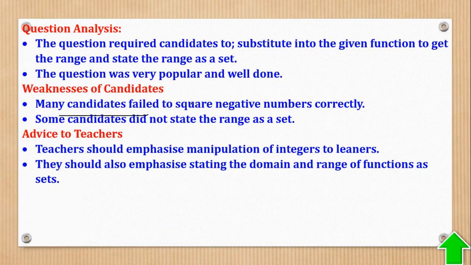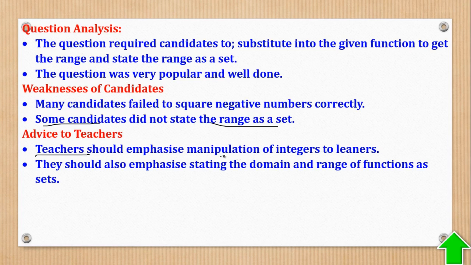So many candidates fail to square negative numbers correctly. Some candidates, when they say -2 squared, they maintain the negative. But -2 times -2 becomes a positive. So if you write it as -4, it is not okay. Some candidates did not state the range as a set. So that last mark, they couldn't get it.